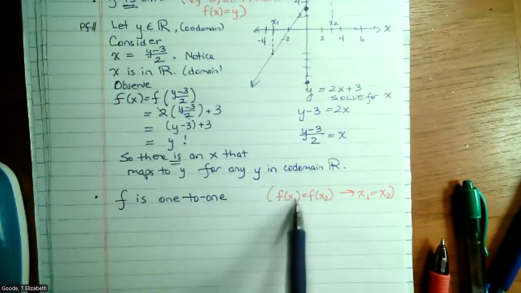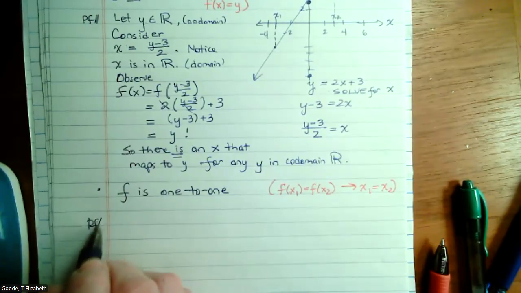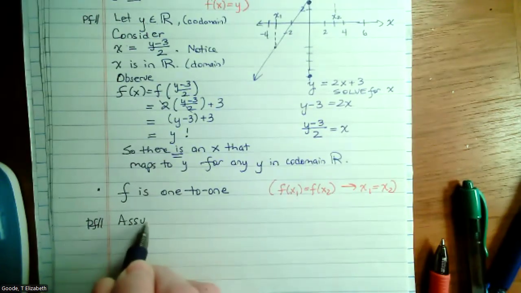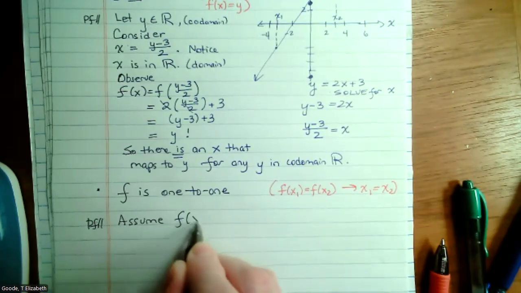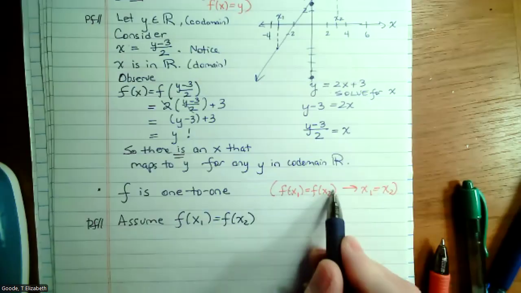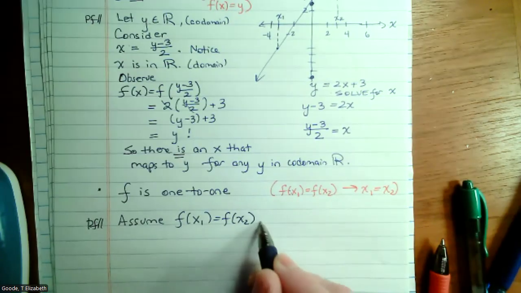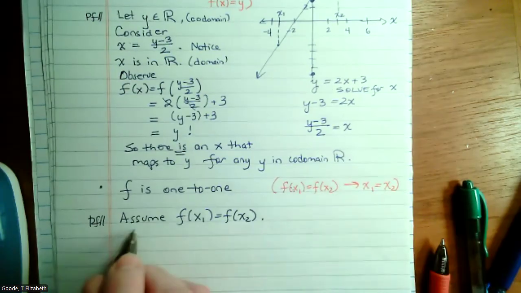Here, to prove that this definition is satisfied, we assume f of x1 equals f of x2. We assume the hypothesis, and then what we wish to do is show that x1 equals x2.